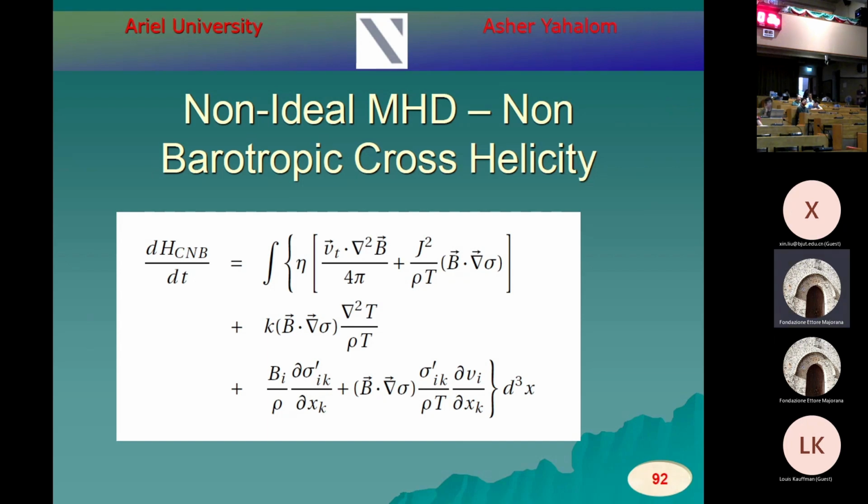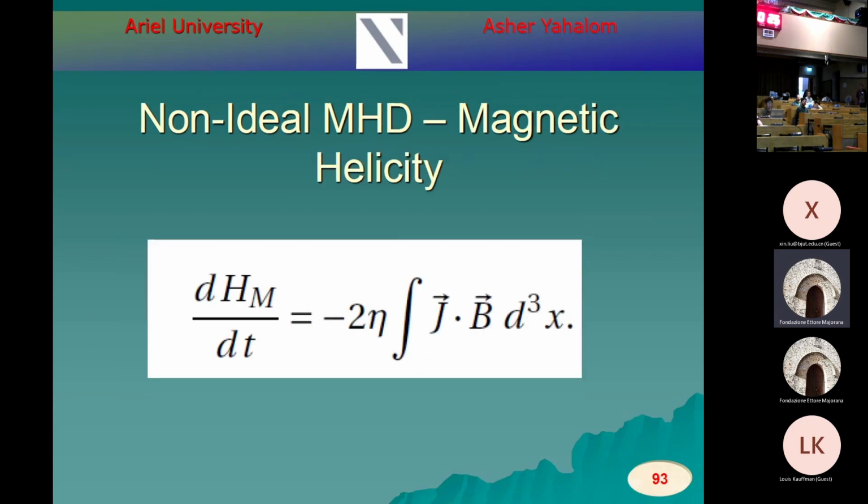It has nothing to do with the σ we defined before. So many things can happen that will make this suggestion not work. Of course, it can work in some conditions. If you compare this with magnetic helicity, you can see that the non-ideal case is much simpler because you just have η times J·B in the volume.